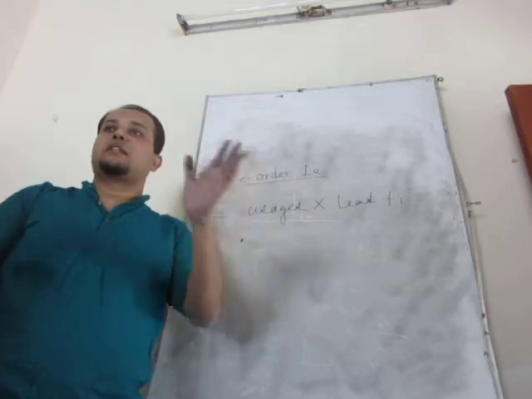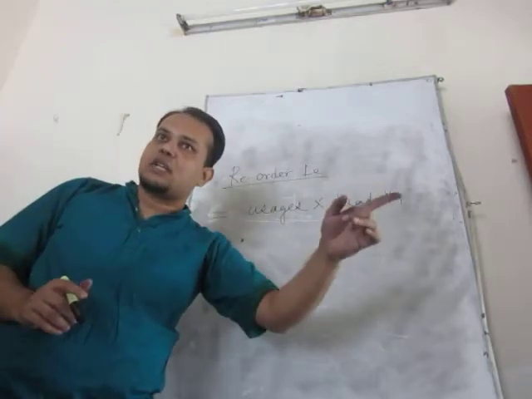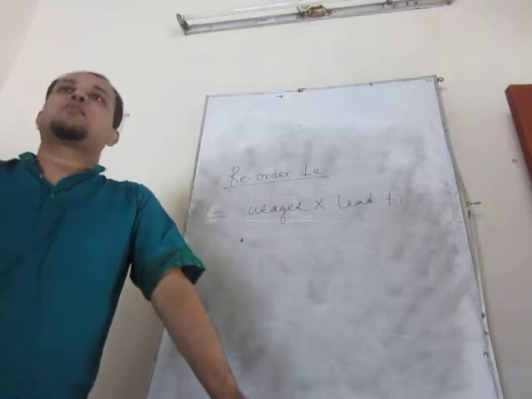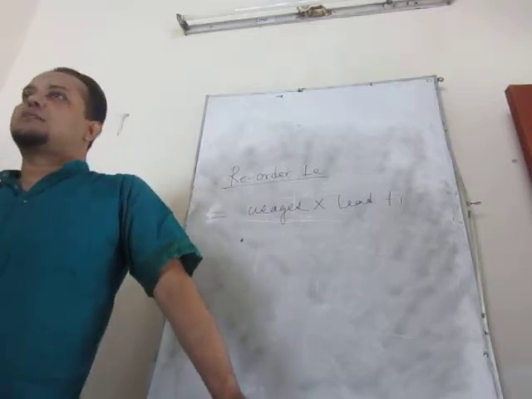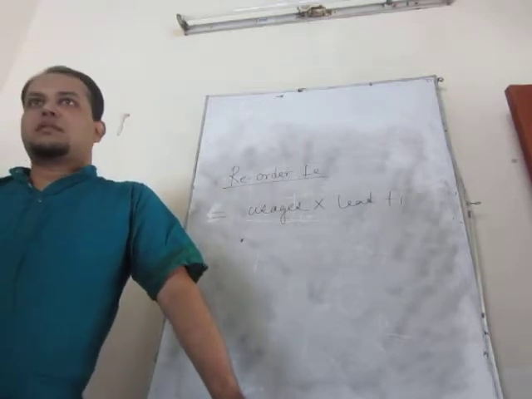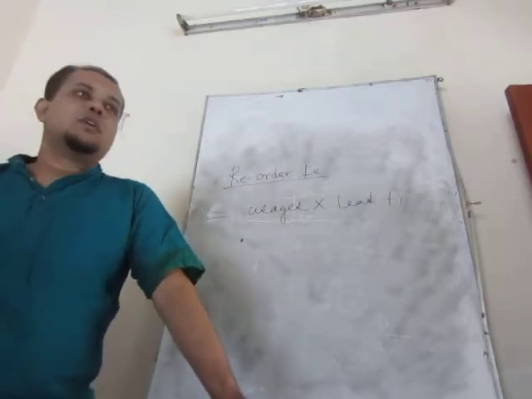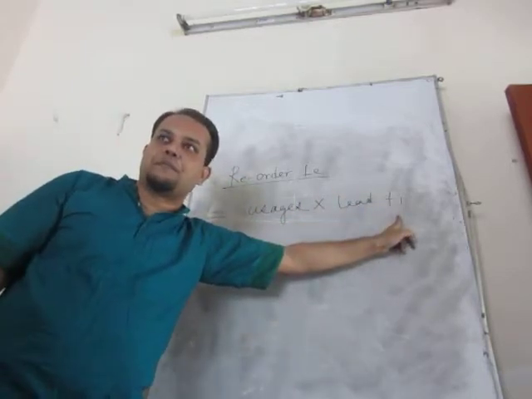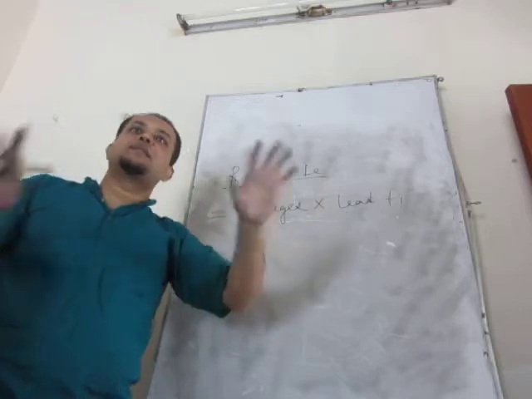Lead time means the time gap between placing an order and receiving that order. Suppose if you place an order today to one of your suppliers in Dhaka, that's the minimum time required to have the delivery. Suppose 2 days or 3 days, right? So reorder level will be usage into lead time, when both usage and lead time are constant.